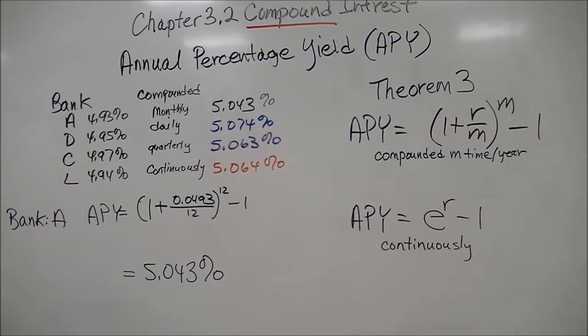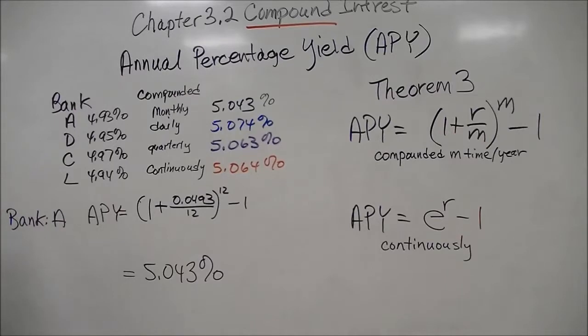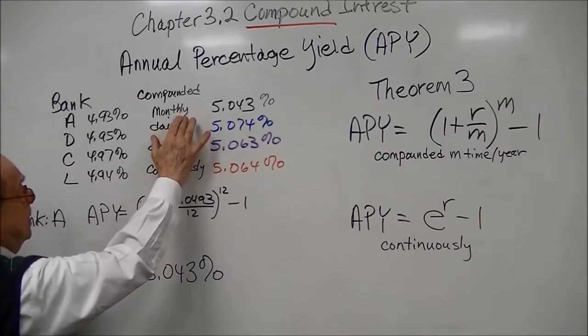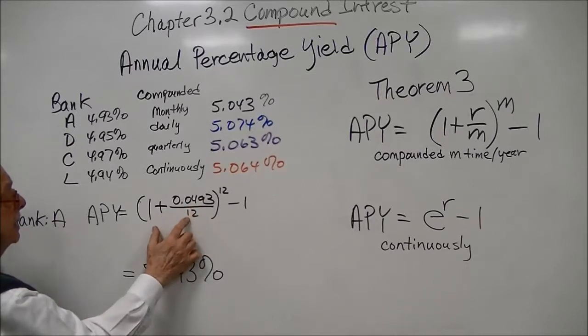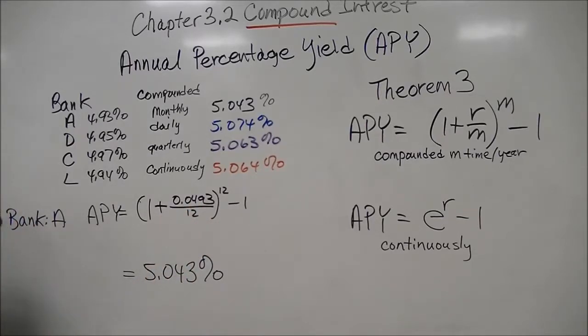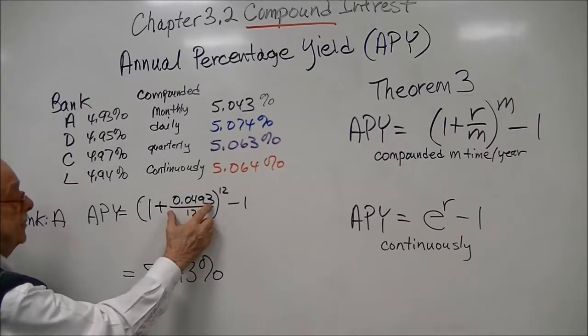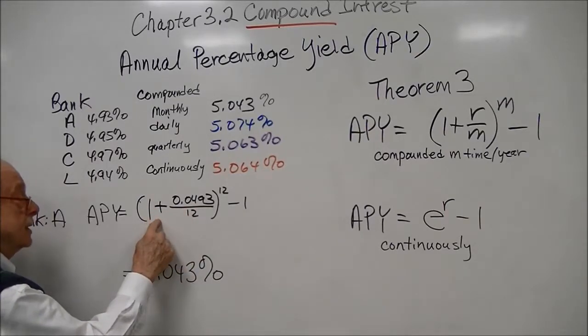Well, I'm not going to do them all. They're all written up in your textbook, but I'll show you how to do one using this here. So the annual percentage yield is this, and it's going to be monthly. There's our yearly percent. So again, when you put this in the calculator, you have to do it very carefully. You're going to put this in there first, divided by 12, then do plus 1.